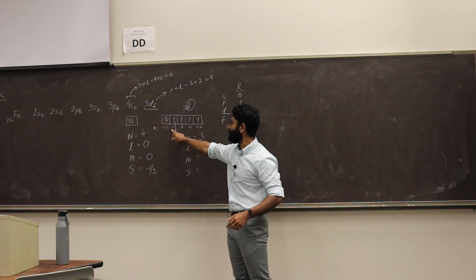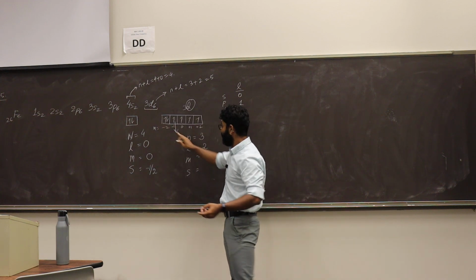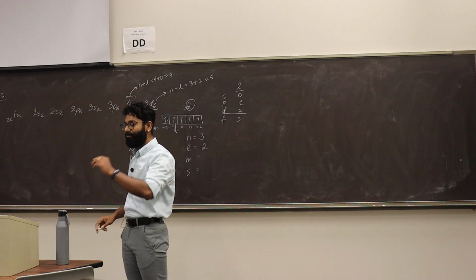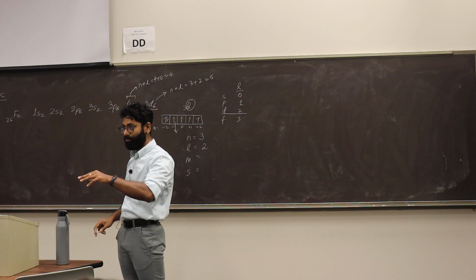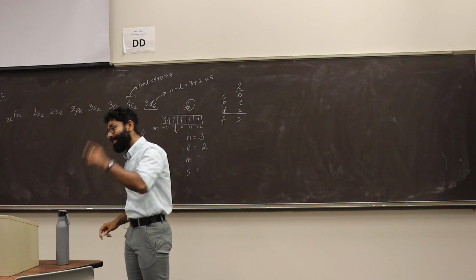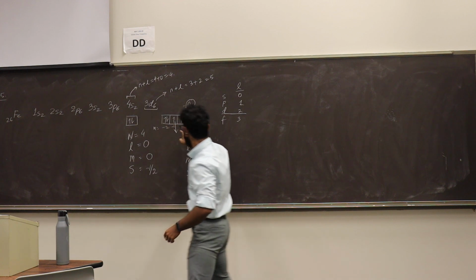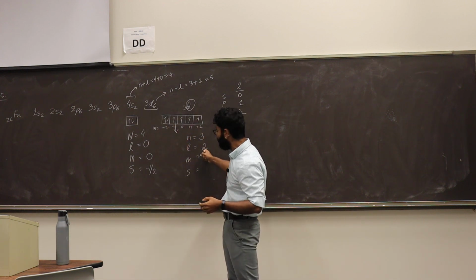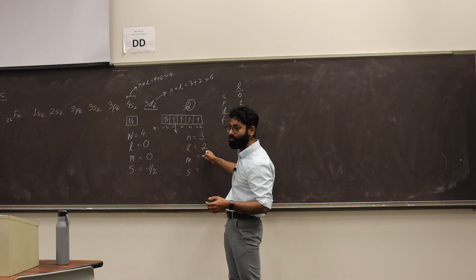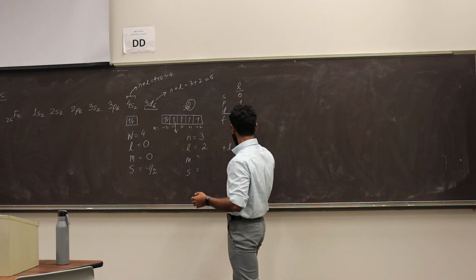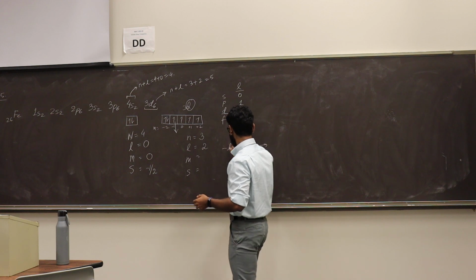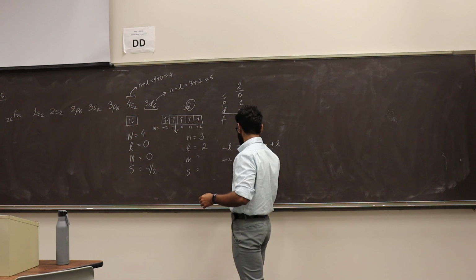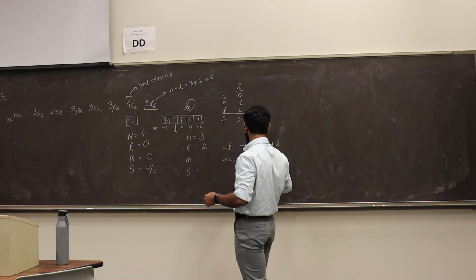So what's the M value? -1. M can have 5 possible values, right? But what is the actual value? The possible values of M go from minus L to plus L, so -2, -1, 0, 1, and 2.